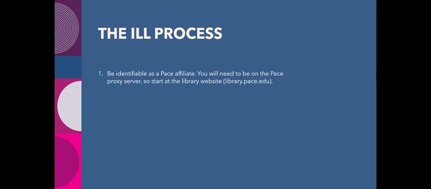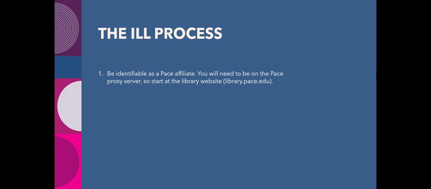The process for using ILL isn't complicated, but some of the pieces are a little difficult to find, so I'll go through the whole thing. The first thing you need to do is be on the PACE proxy server. You don't need to know what that is. All you need to know is that it will mark you as being affiliated with PACE and entitled to use the PACE resources.